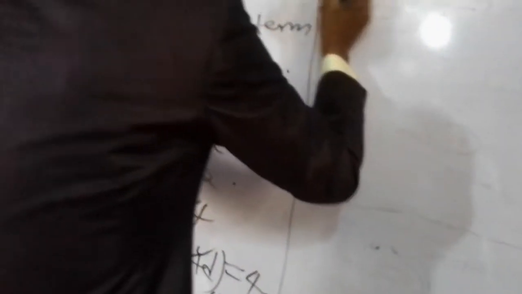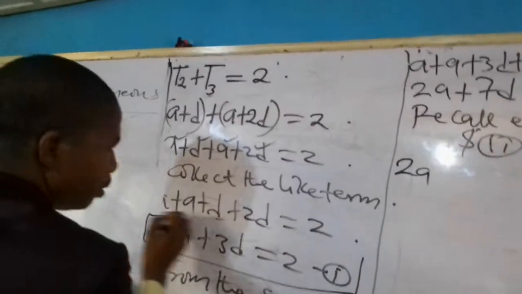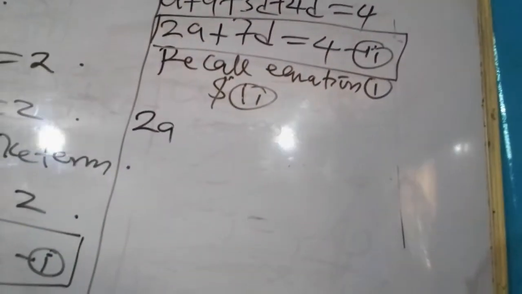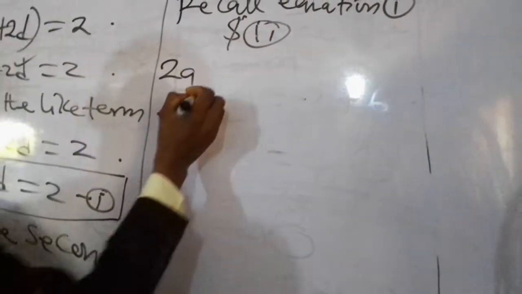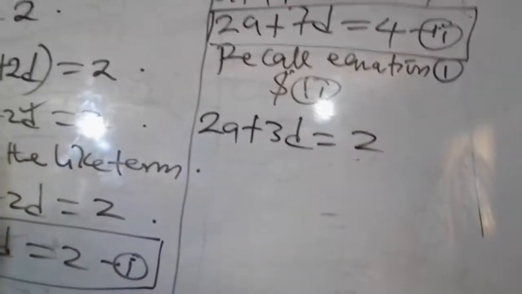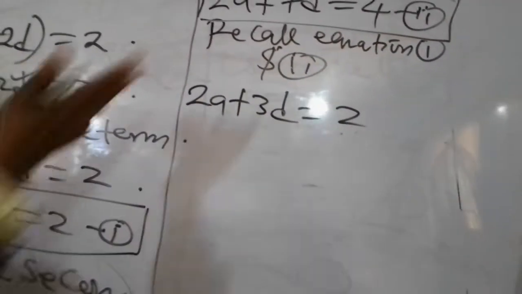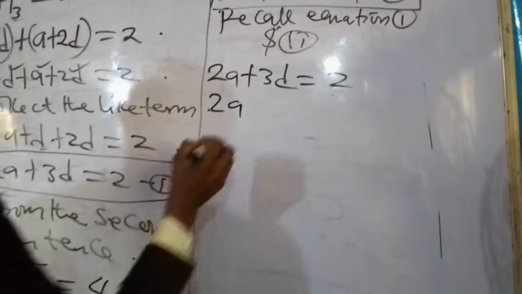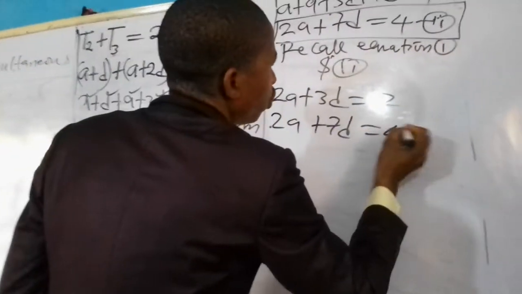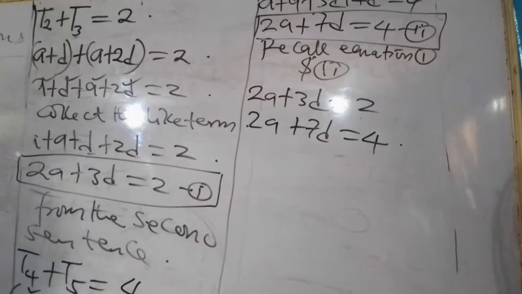Our equation 1 is 2A plus 3D equals 2. Our equation 2 is 2A plus 7D equals 4.